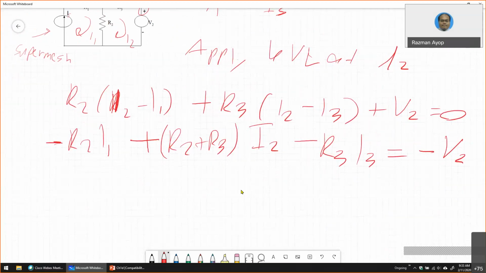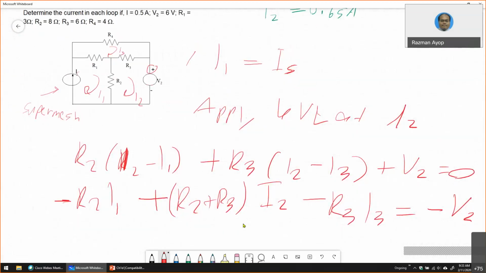So you solve this. Insert the value. I is 0.5 ampere, because this is in the same direction. If the opposite direction, you have to put negative for the super mesh. V2 is 6 volt, R1 is 3, R2 is 8, R3 is 6, R4 is 4.